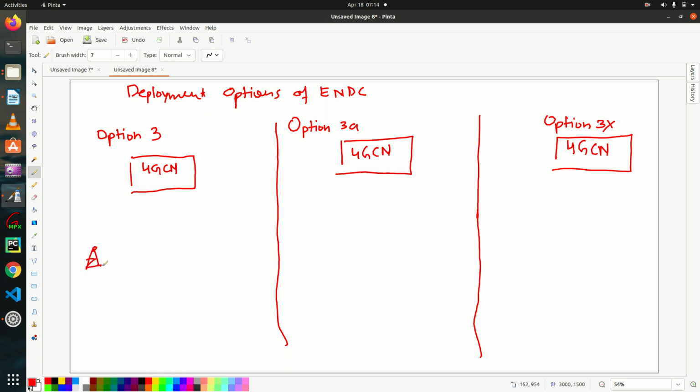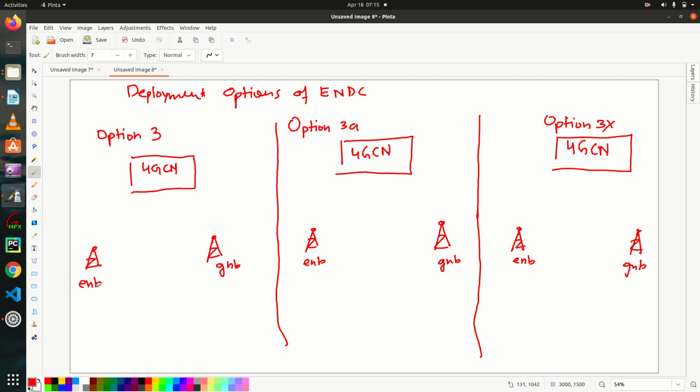Without eNode B, these architectures are not possible. eNode B means your 4G base station. We also need gNode B, because it's a non-standalone approach, so we need both eNode B and gNode B.